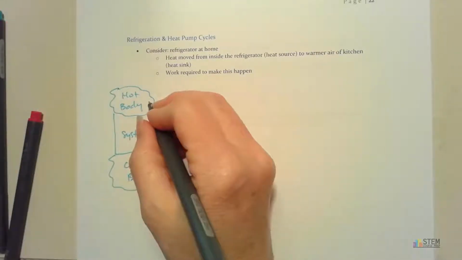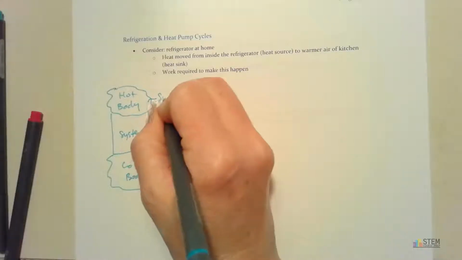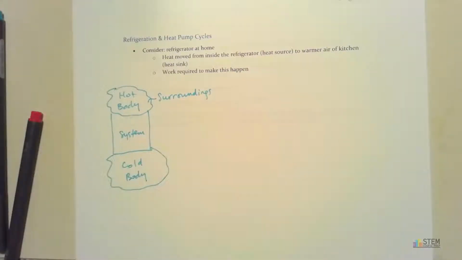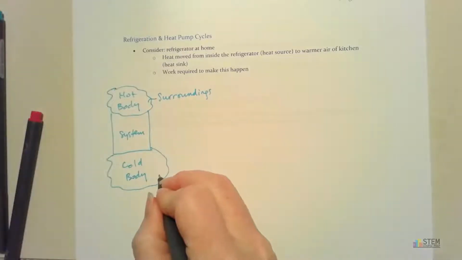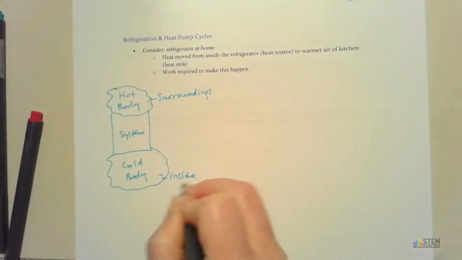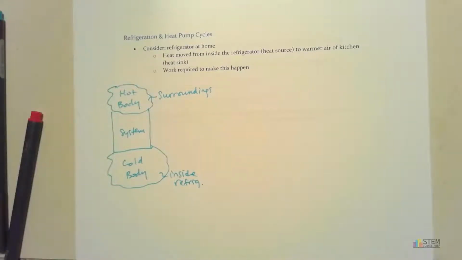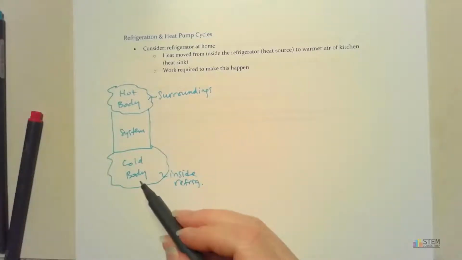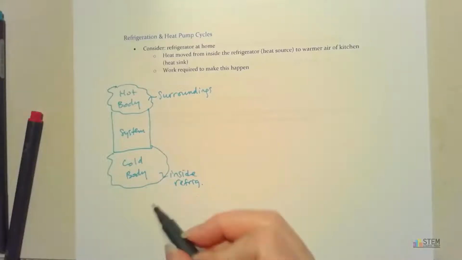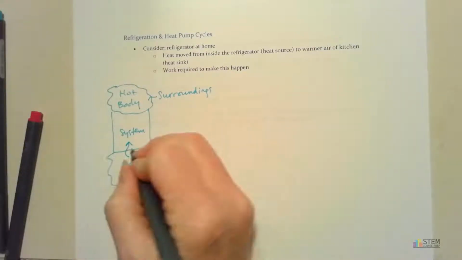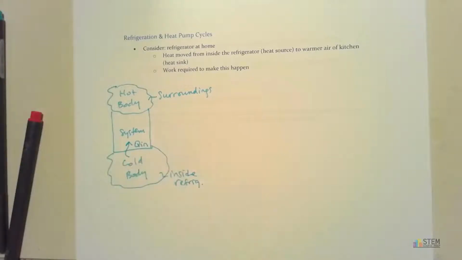Now for this one, the hot body is going to be the surroundings of the refrigerator. The cold body is going to be inside the refrigerator. And then the system will be all those components that make the refrigerator actually work. So now what's going to happen is we're going to remove heat from the inside of that refrigerator using the components in our system, and that's going to give us this Q in.